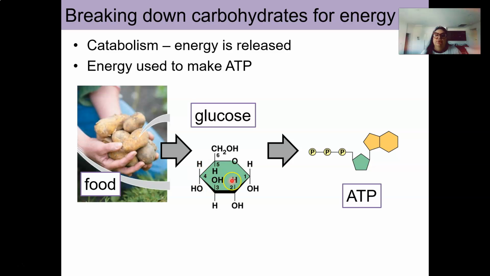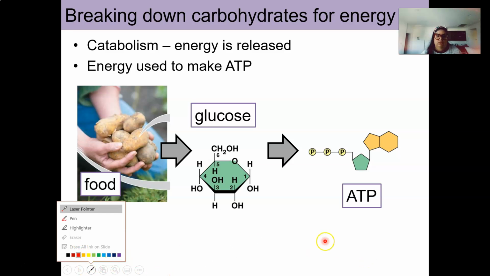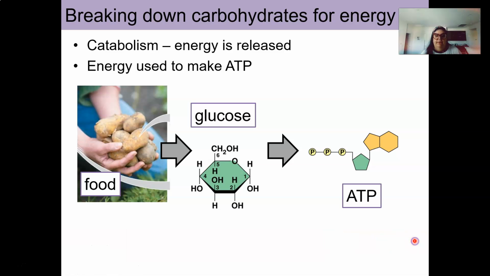Specifically, we take glucose, and that is broken down and made into ATP. So we break down carbohydrates for energy, specifically ATP energy. And that is what we're talking about today.